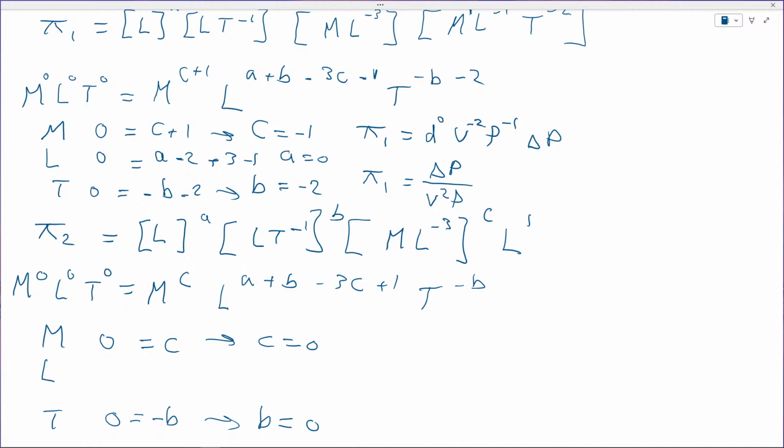Can you guess what A here should be equal to? We can do it: 0 is equal to A plus B plus 0 minus 0 plus 1. So what did I get? I got A is equal to minus 1.